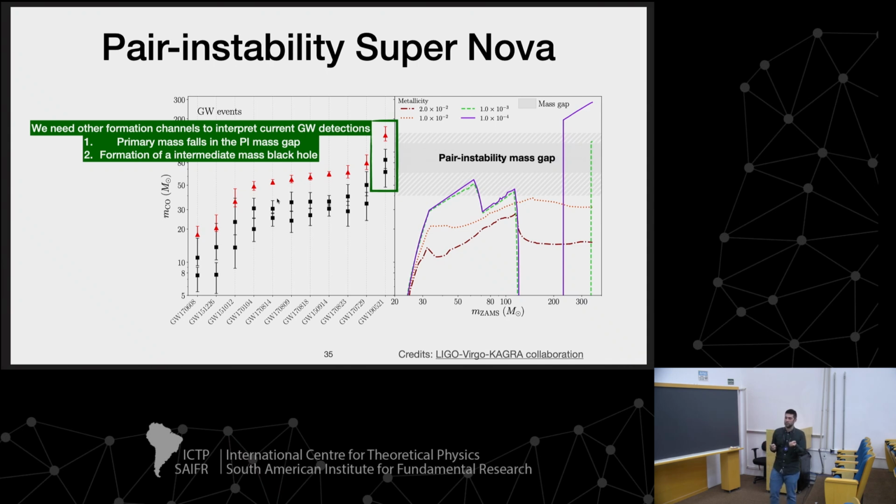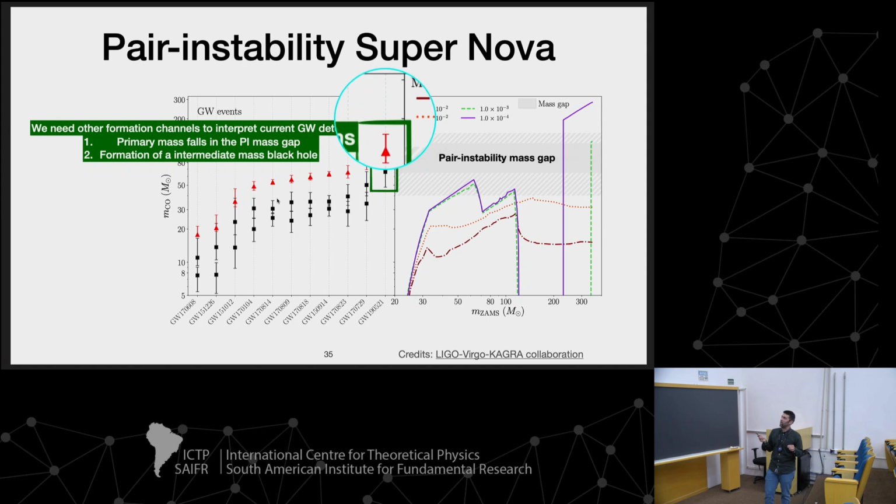This gravitational wave observation tells you that the isolated formation channel does not work for this gravitational wave observation. In this case, the primary mass falls in the pair instability mass gap. The two dots here fall exactly in the pair instability mass gap.